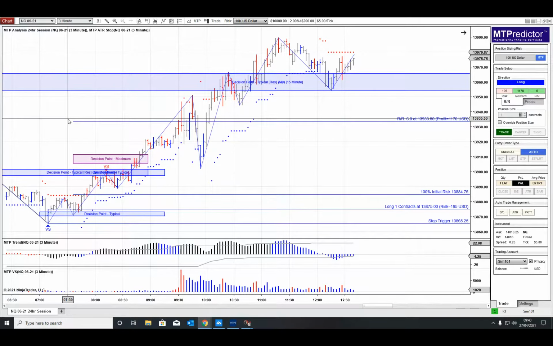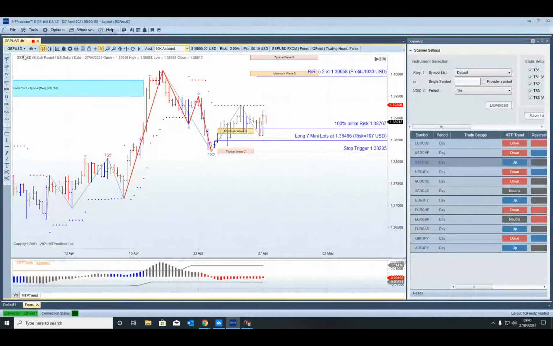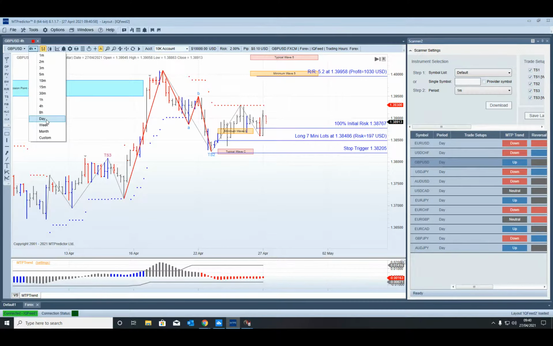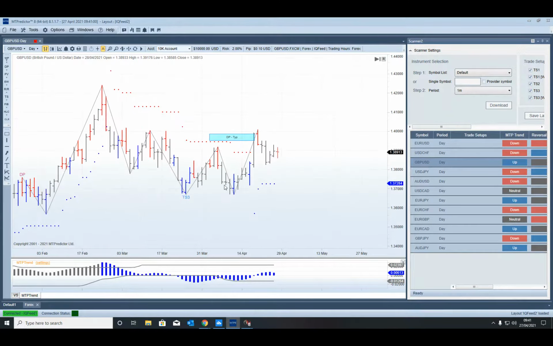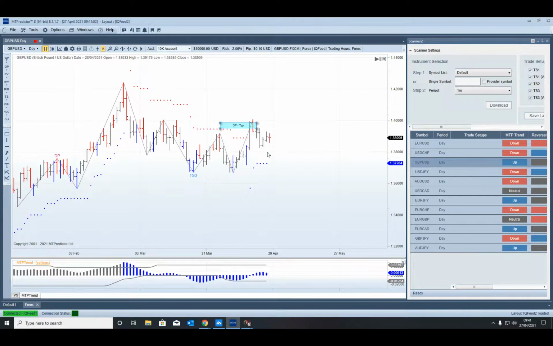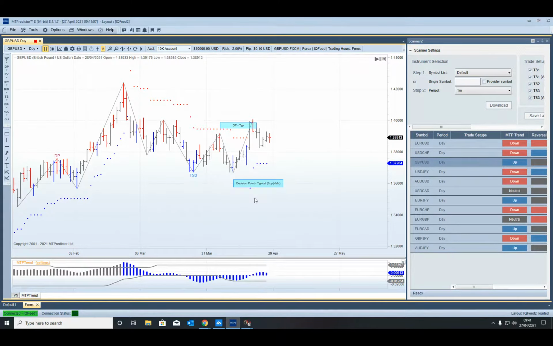Mazir, I don't tend to forecast where the market's going. Mazir's asked me where I anticipate the British pound US dollar going next. I don't know. I never try to anticipate where markets are going. All I know from this is on the higher time frame. If I look at the daily chart, we're at DP resistance there. The next DP support would be down here. If it then exceeds that high, the next DP resistance would be the last swing off the low, at that level there.